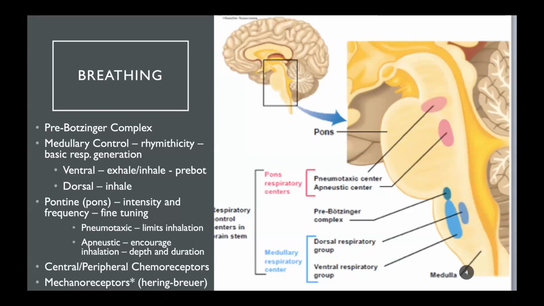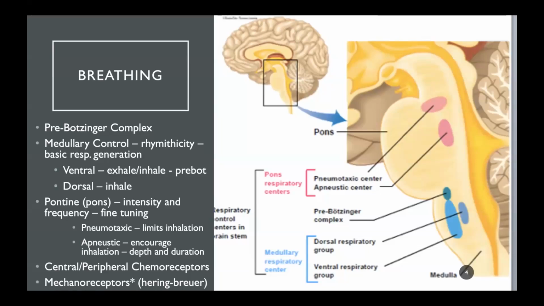We're looking at basic respiratory generation, okay? We're looking at ventral and dorsal. So ventral is kind of exhale, inhale, and we can see that the Pre-Bötzinger, again, theoretically, is sitting above that, okay? In our dorsal, this is more so the inhalation phase of neuronic breathing, okay?